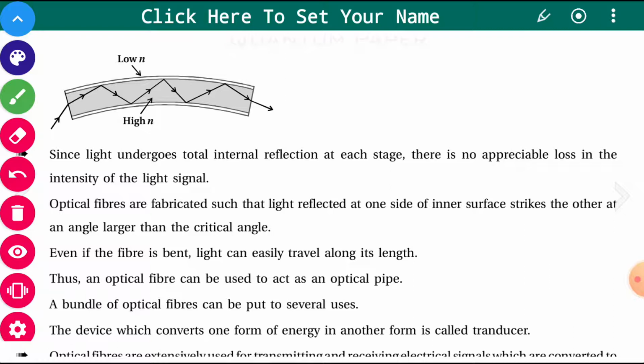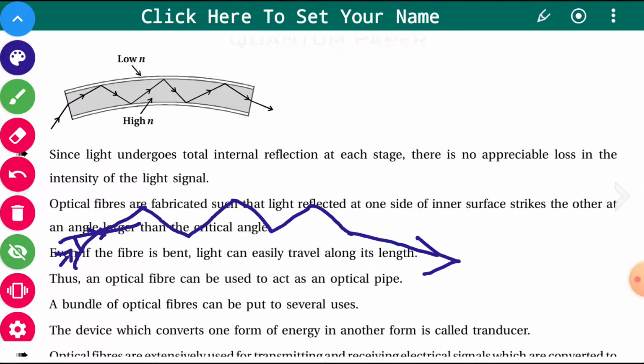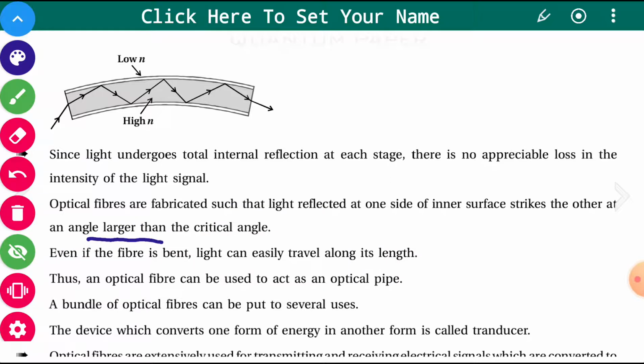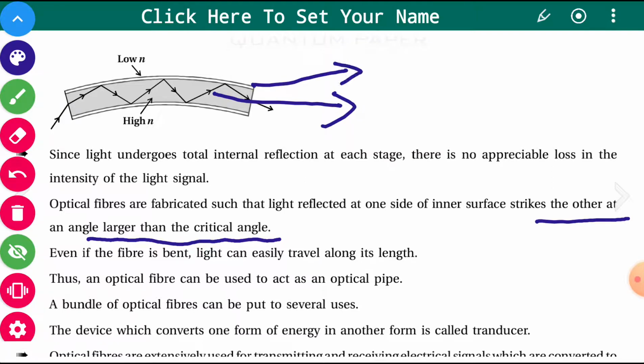Optical fibers are fabricated such that light reflected at one side of the inner surface strikes the other at an angle larger than the critical angle. So the refractive index of core and cladding are so adjusted that light experiences multiple total internal reflection.